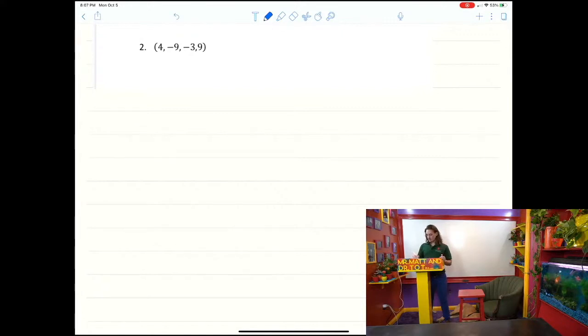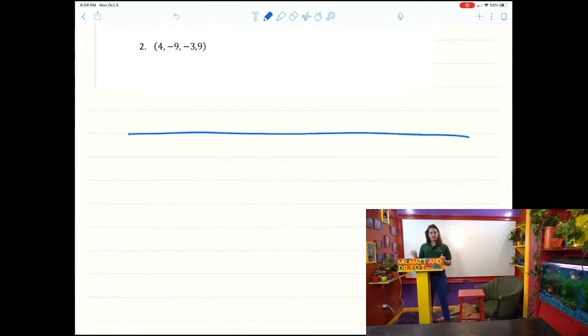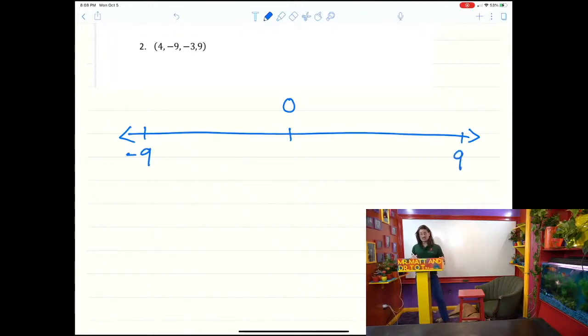So I'm going to put them all the way over here, -9 to the left of 0, +9 to the right of 0. -3 is going to be closer than -9 to 0. +4 will be closer to 0 than +9, though not as close to 0 as -3. Even though they're going in opposite directions, -3 is closer to 0 than +4. So in ascending order, we would have -9, -3, +4, +9.